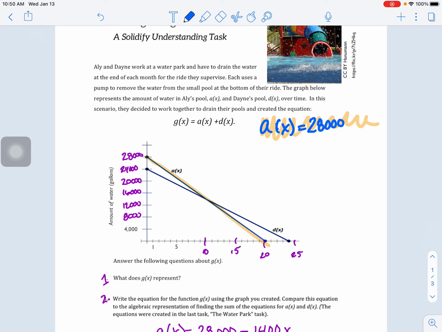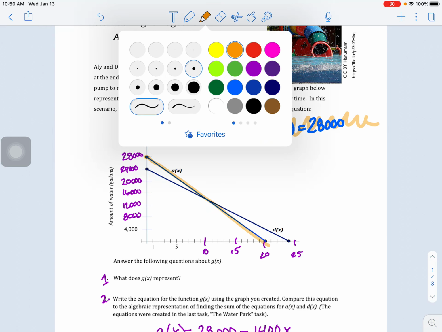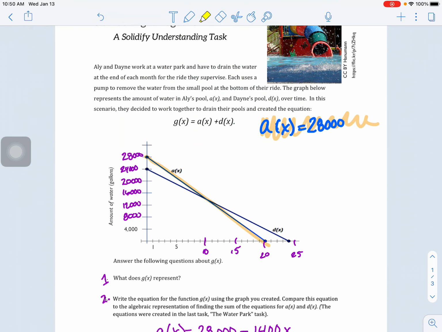The tricky part about 3.4 was finding the slope, finding how much water was pumped out each minute. We talked about doing rise over run. If I was going to do a slope triangle for Allie's graph, her rise was the 28,000 gallons she drained.